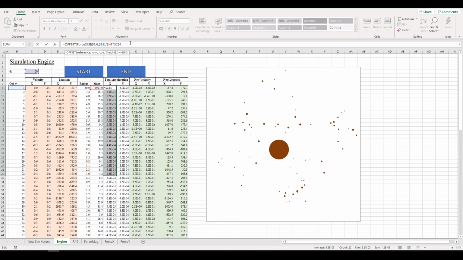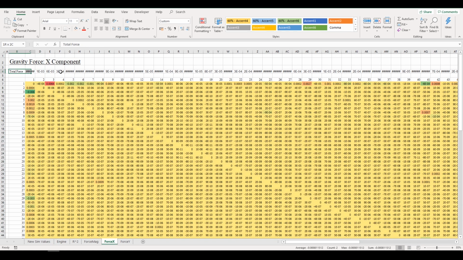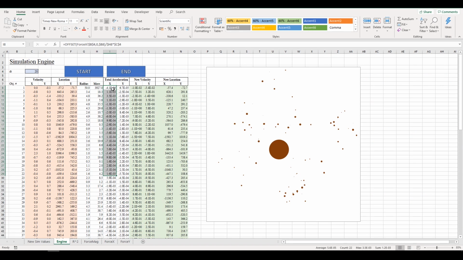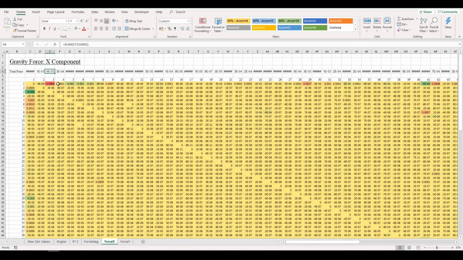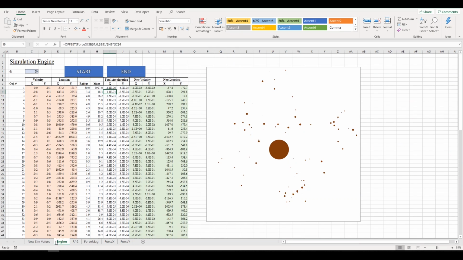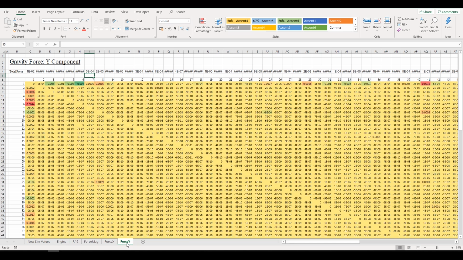So all we need to do is find this object over here, take that number out and put it in here. So that 1.1 e minus 3, I think that's this one, 1.1 e minus 3. That looks correct. The y components of the forces are here.